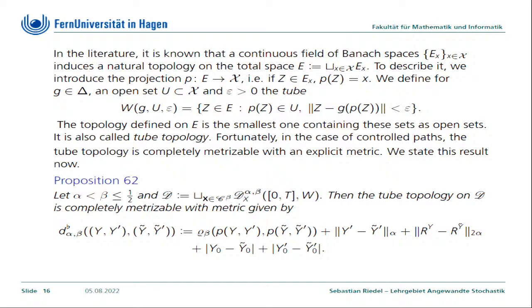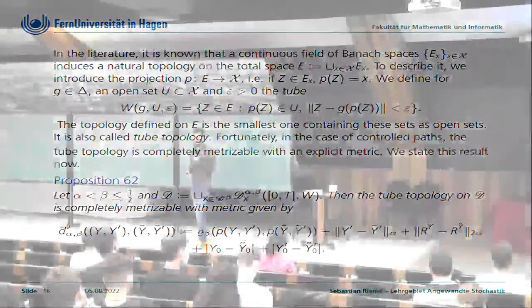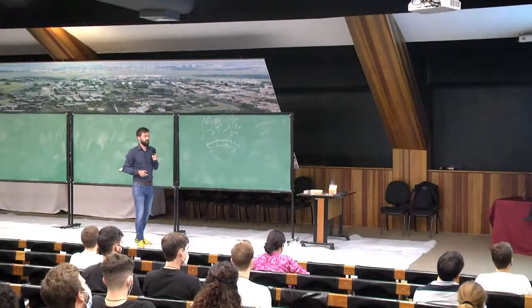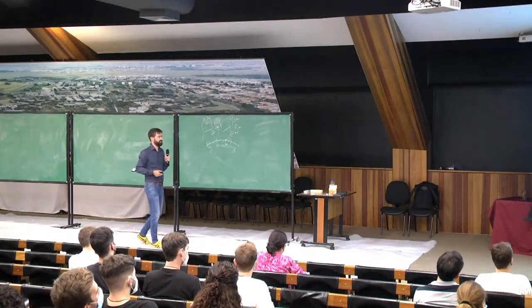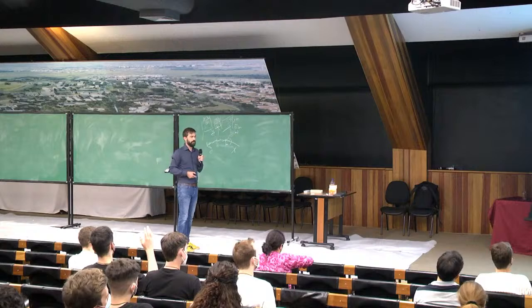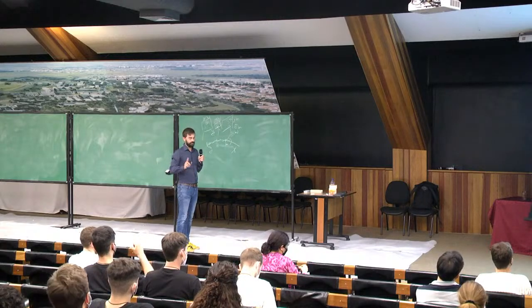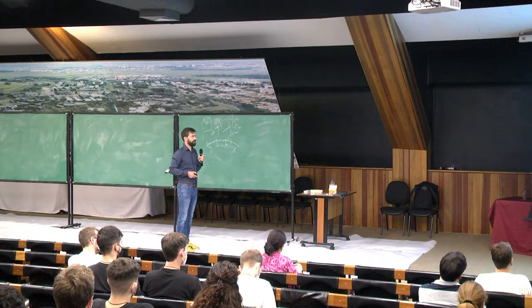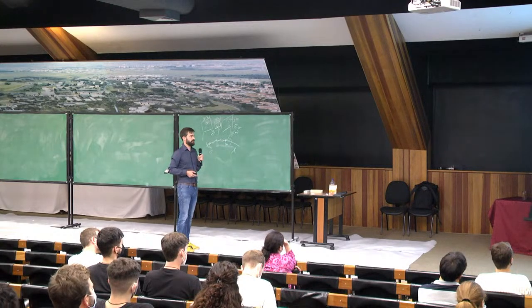And here as well. And then you also have to take care of the initial conditions, because otherwise this would not be a metric, but only a semi-metric. Okay. So this metric I told you was already known, but the nice thing is that you can prove that this is really the one that generates this topology.